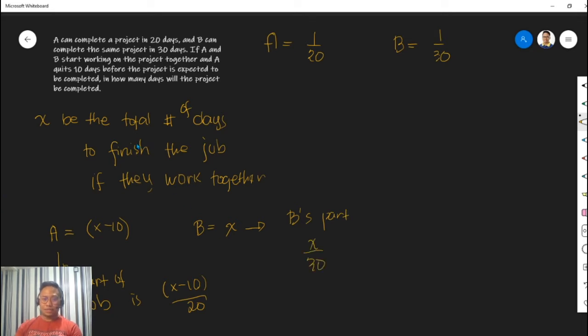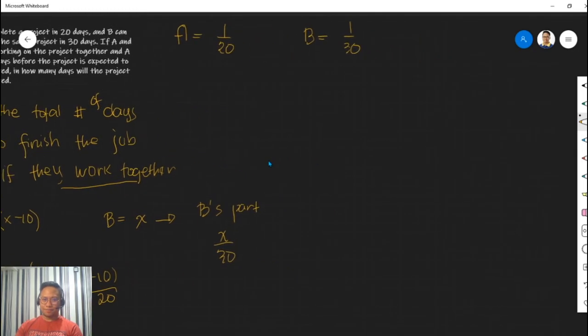And since they're working together, the sum of their parts should be equal to 1. So it should look like this: x minus 10 over 20 plus x over 30 equals 1.